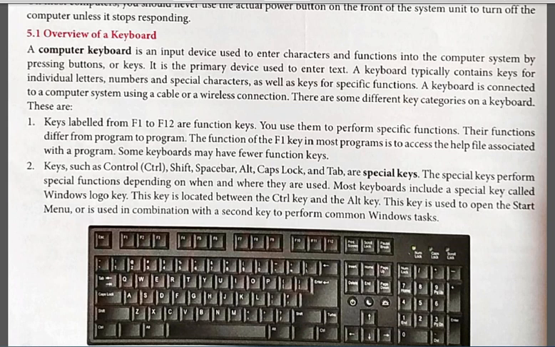The other keys are Control, Shift, Alt, Caps Lock and Tab. These are the special keys. These keys perform special functions, and it depends on when and where they are used. Most keyboards include a Windows logo key also. This key is located between the Control and Alt keys. This key is used to open the start menu.